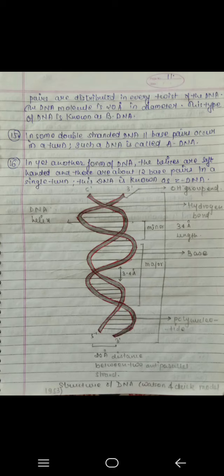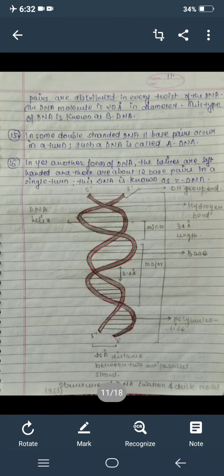The distance between these is 3.4 angstrom, and the distance between the antiparallel strands is 20 angstrom. The bonds present between these antiparallel strands are hydrogen bonds, and on the 3' side an OH group is present.